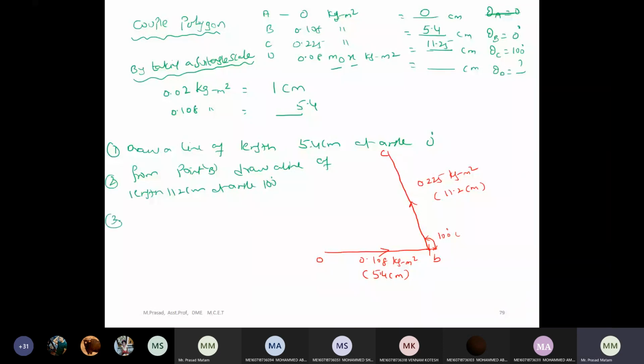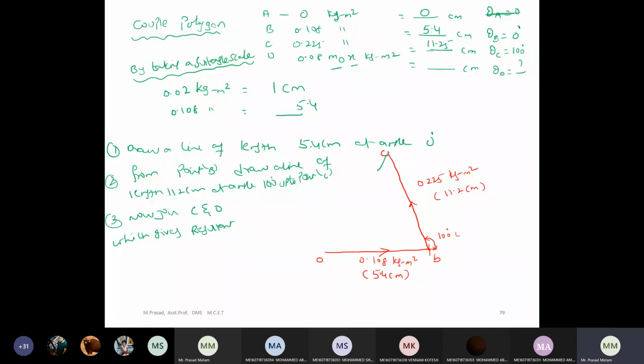Now third step: that ends at point C. Now join C and O, which gives the resultant. That resultant is for plane D.